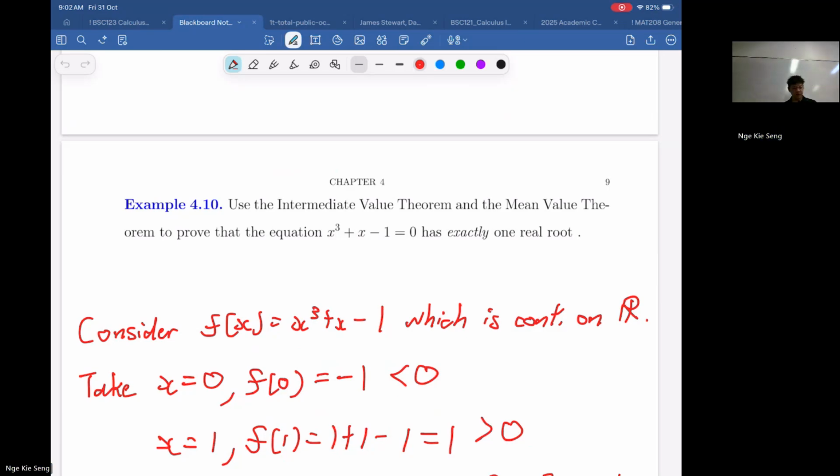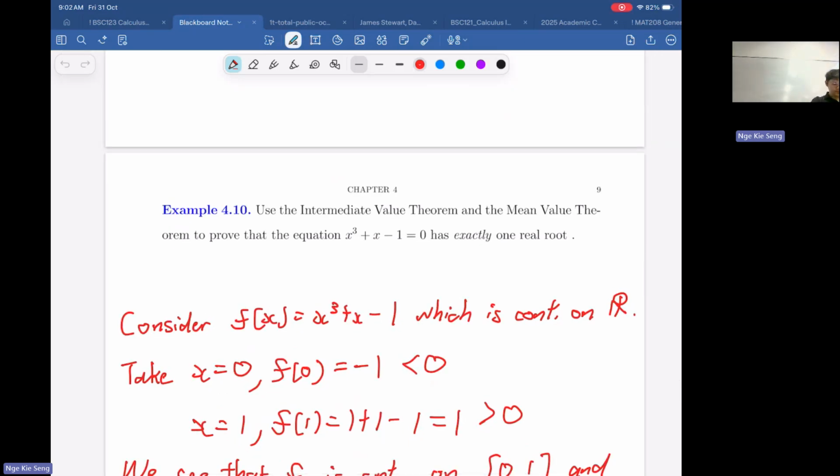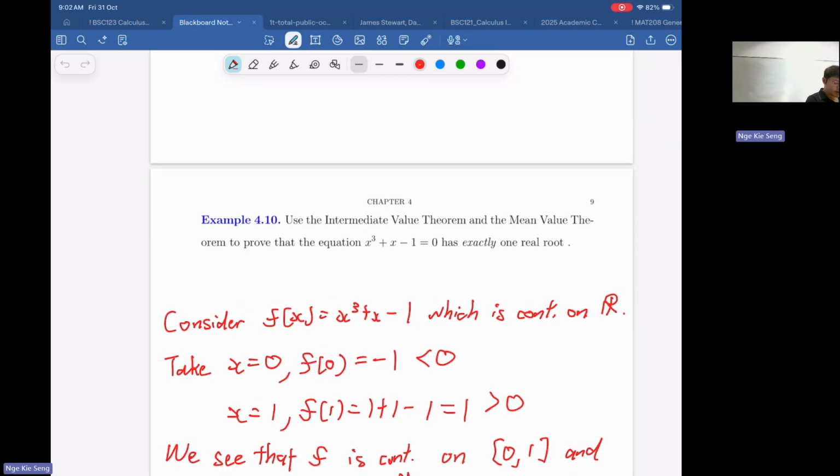But if you realize, what we have done was we identified an interval for this polynomial such that at one endpoint it is taking a positive value, and at the other endpoint it's taking a negative value.